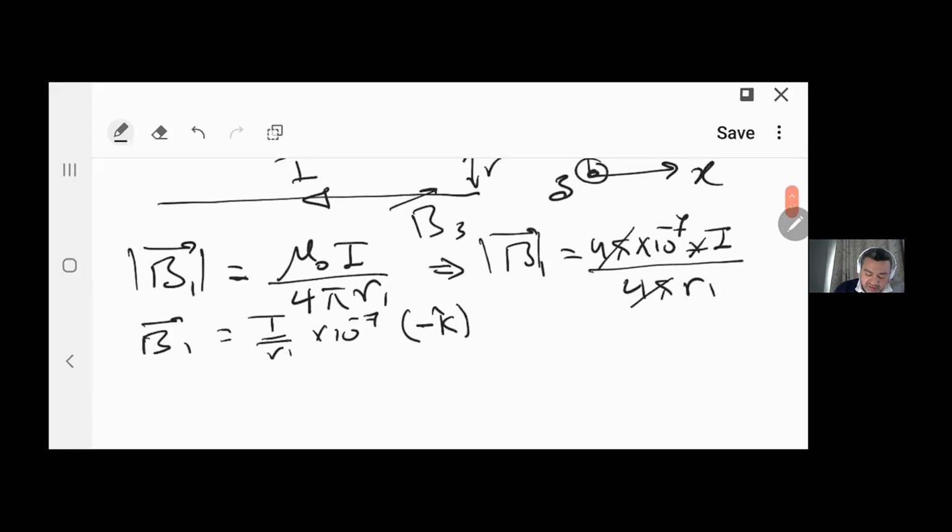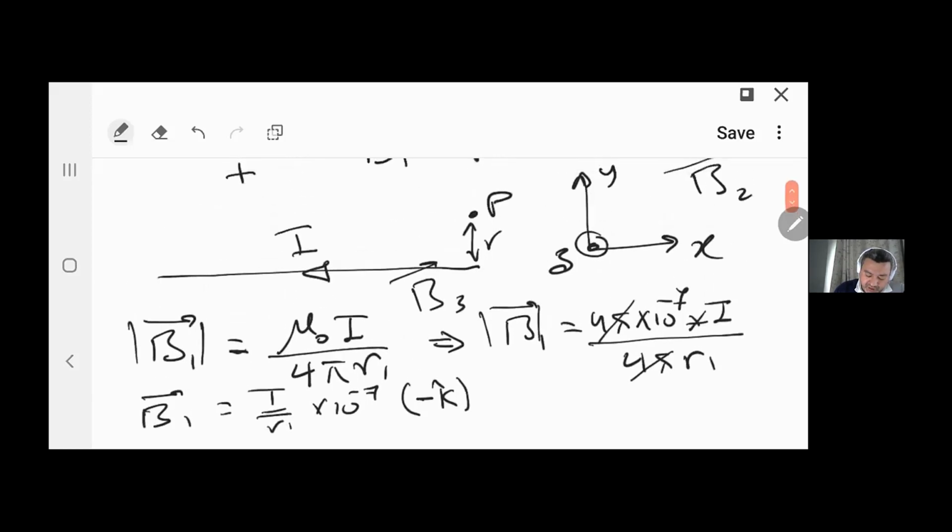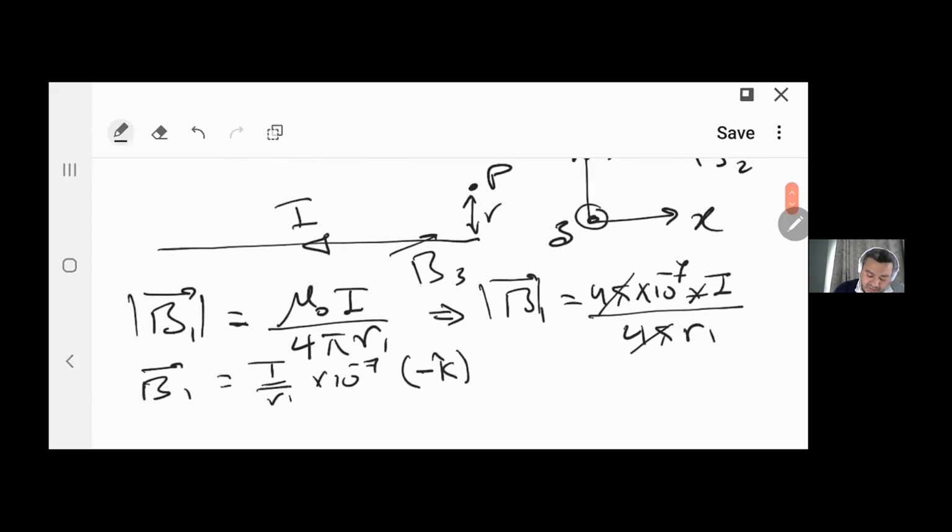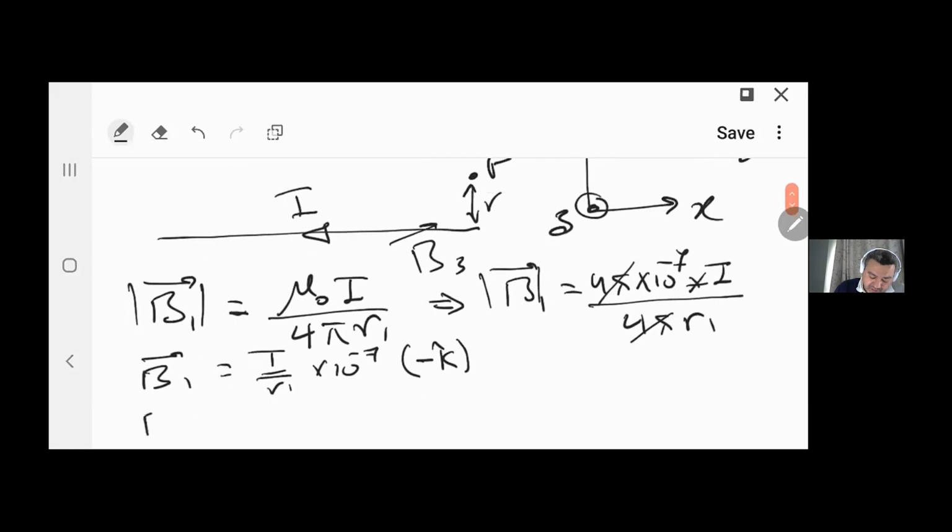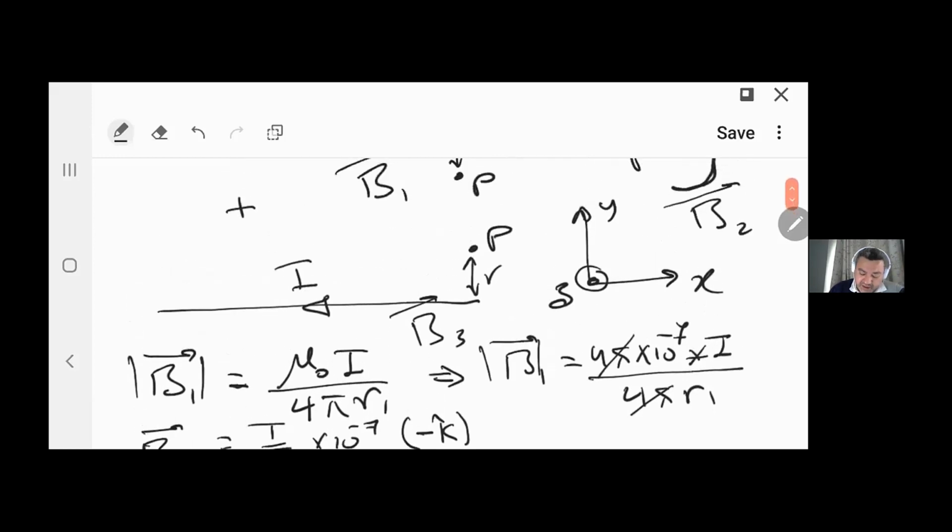Let's do B3 since we are dealing with the half infinite wires. B3 doesn't have the same direction. Let's see.